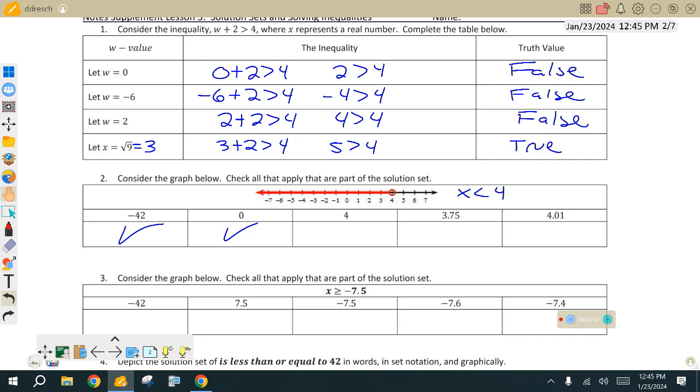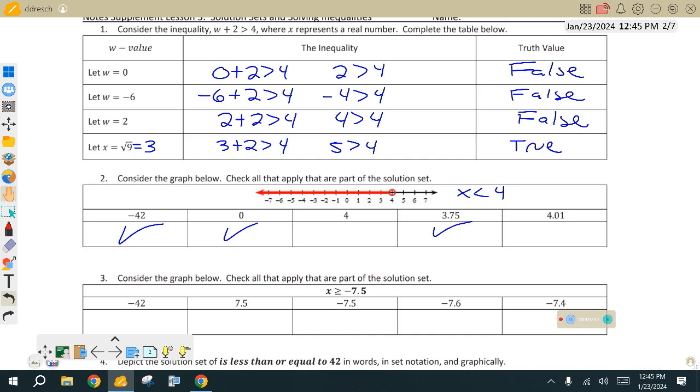Now, this is the one that we always got to pay attention to, if it's closed or not. When it's open, when it's closed, then it'll be... Correct. So on 4, it's open. So it's 3.75. Right. Open means we are not able to stand on 4. Open means it is not a solution. 4 is not. 3.75 is.